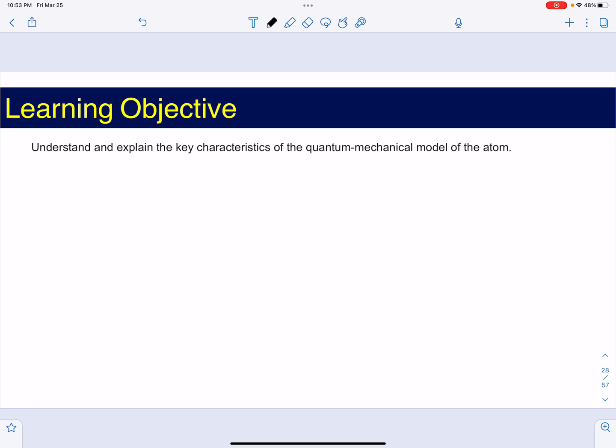This is probably enough at this point to understand the basics of the quantum mechanical model. Why do we call it the quantum mechanical model? Because every energy level has a given amount of energy. That's what quantum means, a specific amount of energy.